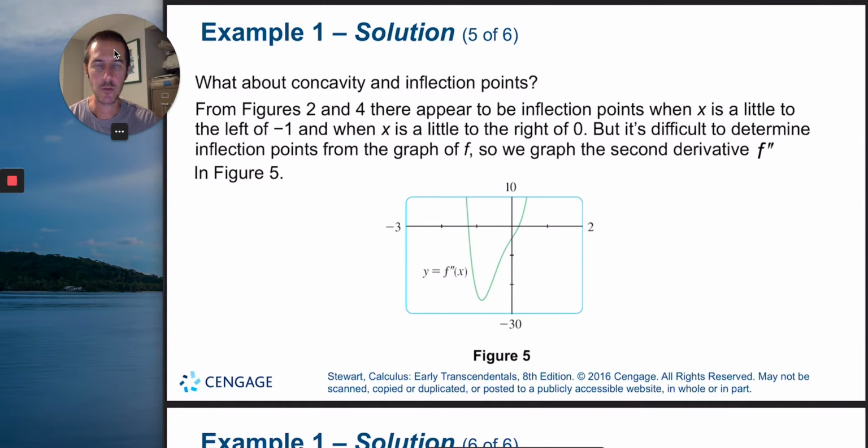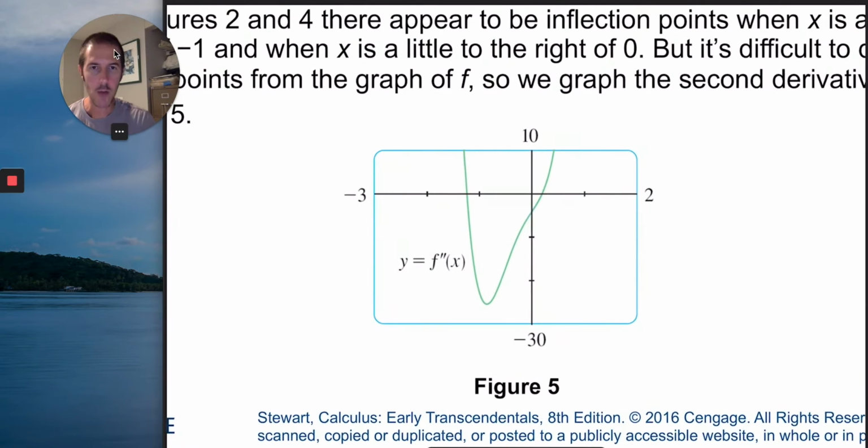If the second derivative is 0 or undefined, perhaps we have a change in concavity happening there. Our original function in this case was a polynomial, which is going to be smooth and continuous, so we don't have to worry about holes or asymptotes, so those kinds of discontinuities. So this is a relatively straightforward investigation that we're doing here, and let's zoom in on this graph.